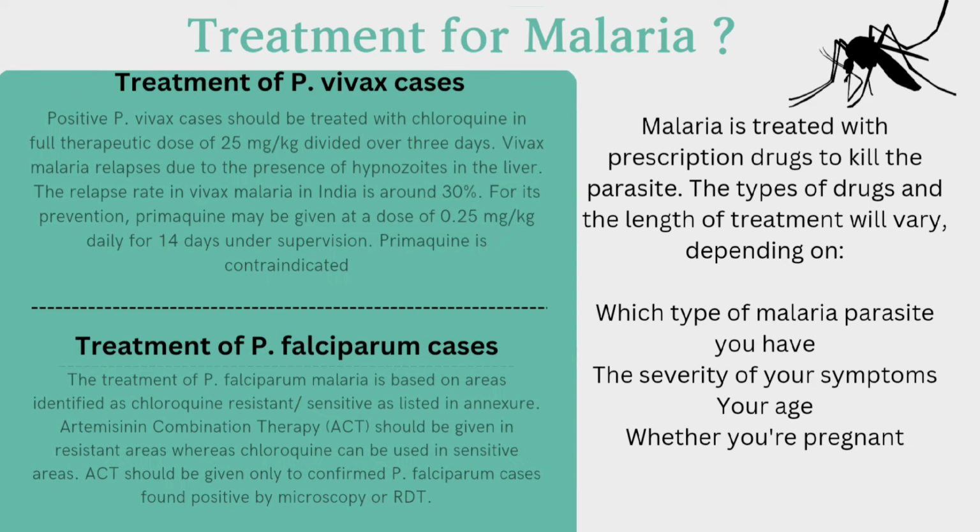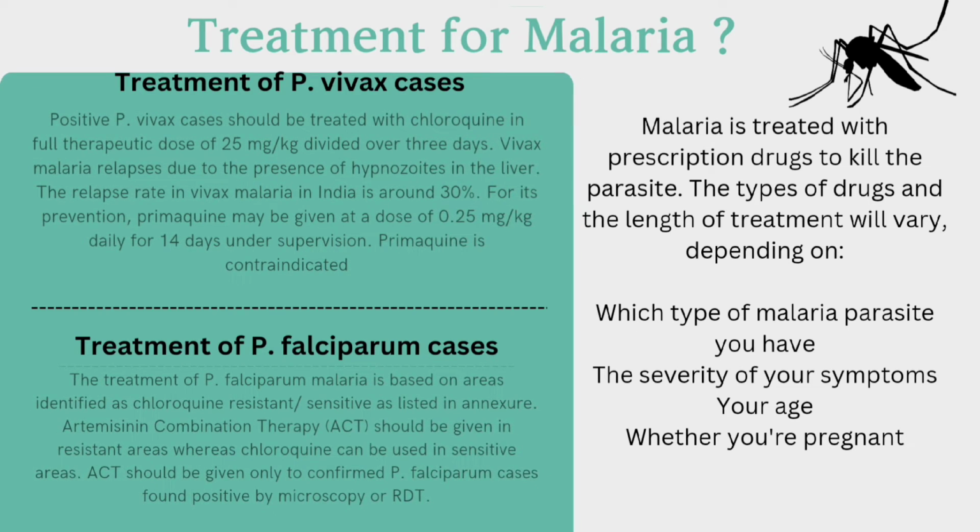The type of drugs and length of treatment will vary depending on which type of malaria parasite you have, the severity of your symptoms, your age, and whether you are pregnant or not. First, treatment of P. vivax cases.